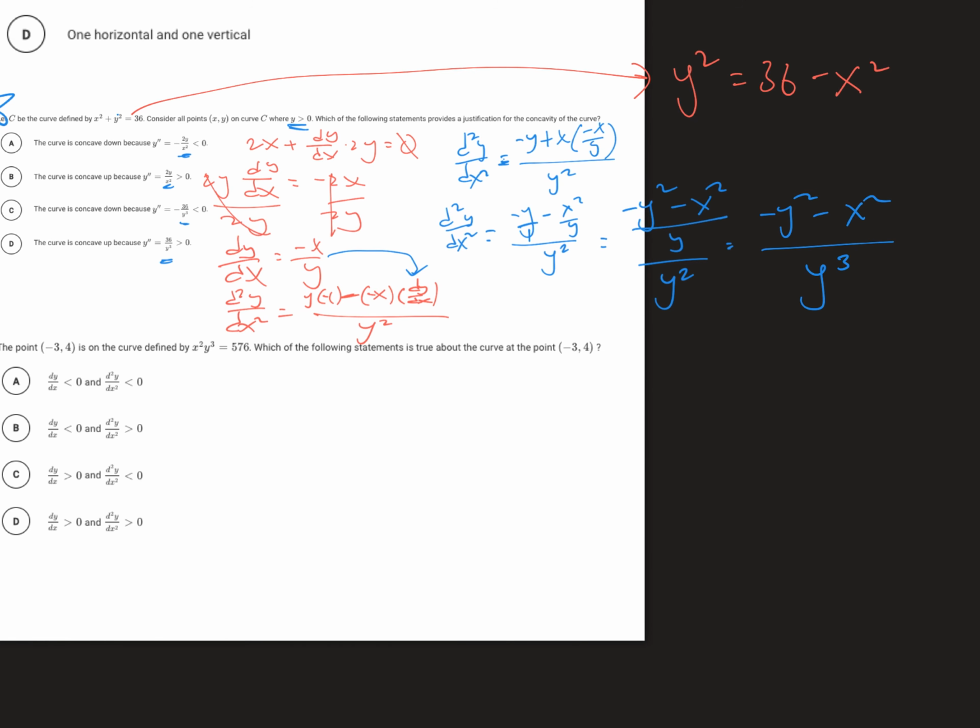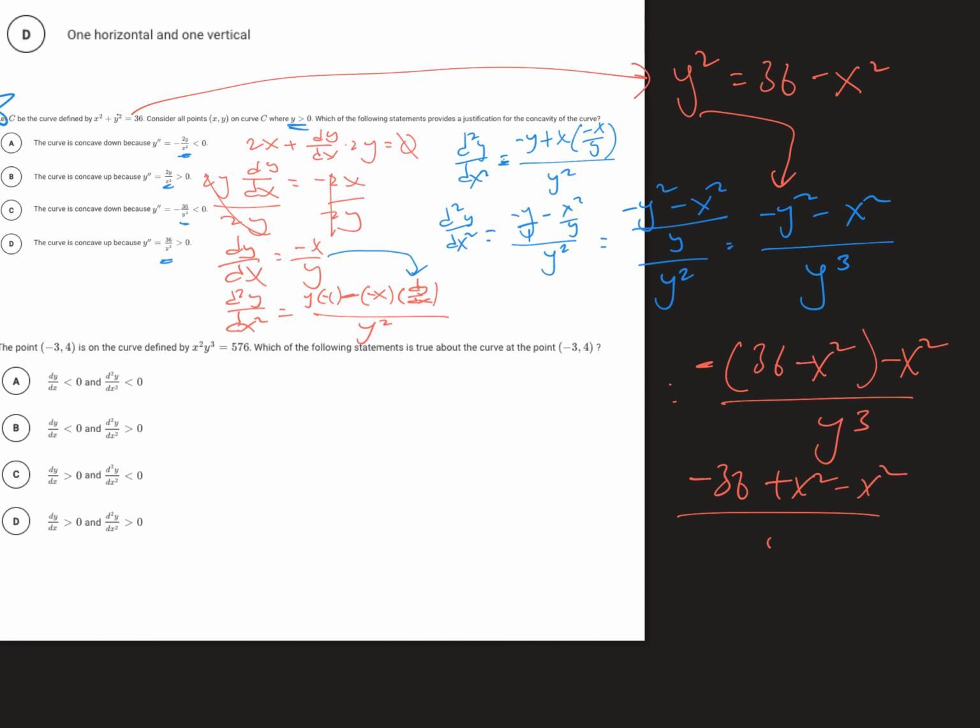So what they did was they substituted this y squared right there. So we have negative, parentheses, we plug in 36 minus x squared, all over y to the third. Distribute: negative 36 plus x squared minus x squared over y to the third. That's quite nice. The x squared terms cancel out for us.